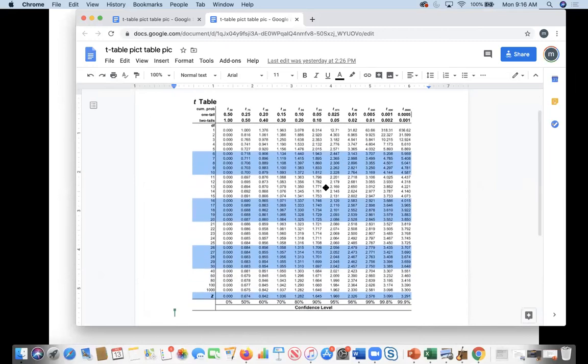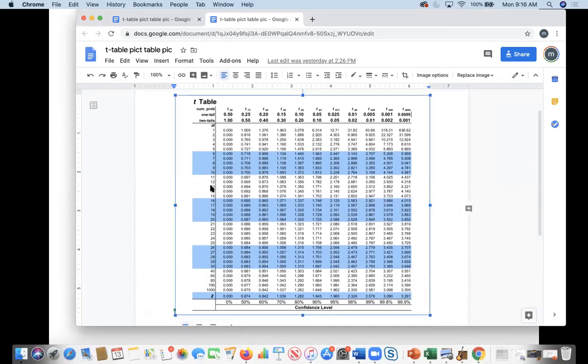You notice along the left-hand side of the T table, these are degrees of freedom. This is what I said: there's a different T distribution for each degrees of freedom. That's shown right here. Not every single degree of freedom is shown, but a lot of them.